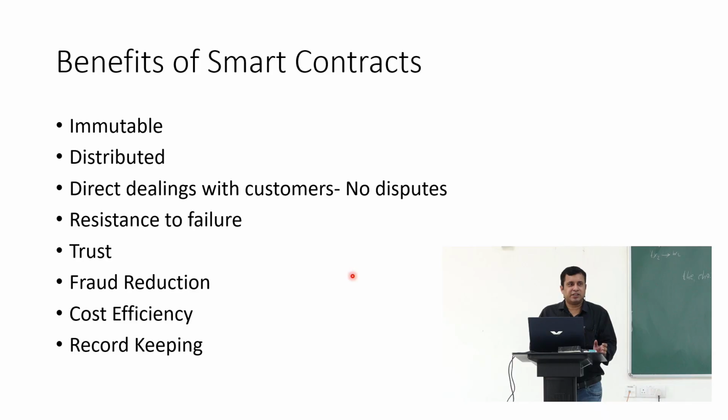Again, contract is distributed. If I talk about scalability, in a two-party paper-based contract there are a lot of terms and conditions between the two parties. If a third party is involved, it becomes more complex. If a fourth party is involved, it becomes more complex again.